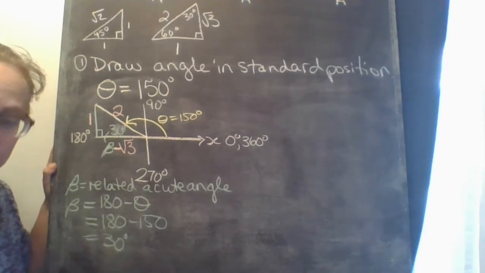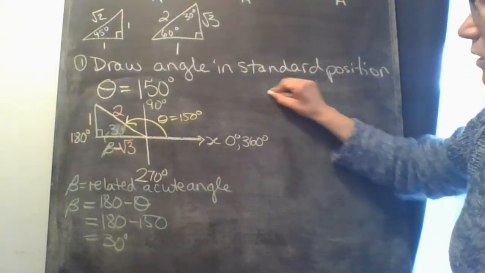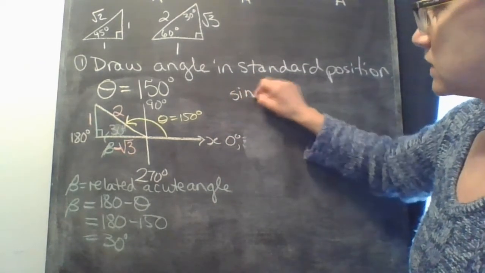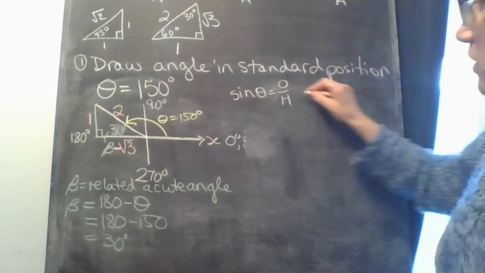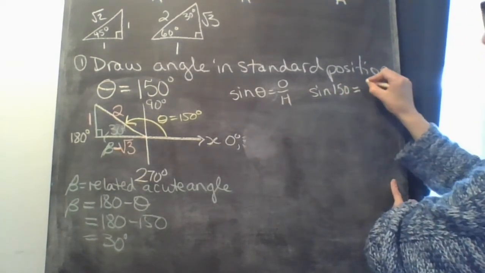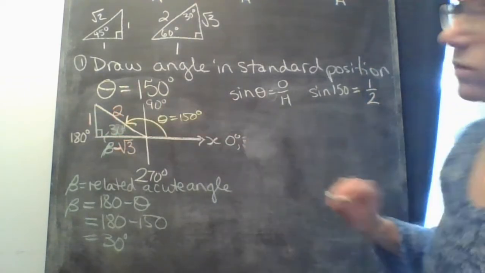So let's write our trig ratios for it. Sine angle is opposite over hypotenuse. So that means that sine of 150 is going to be equal to positive 1 over 2.